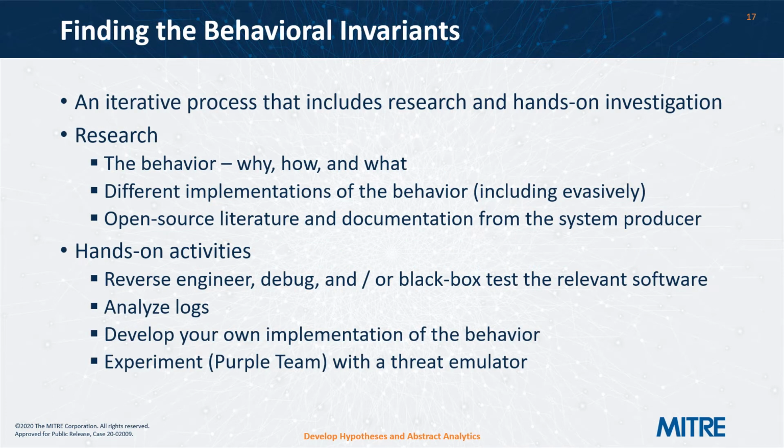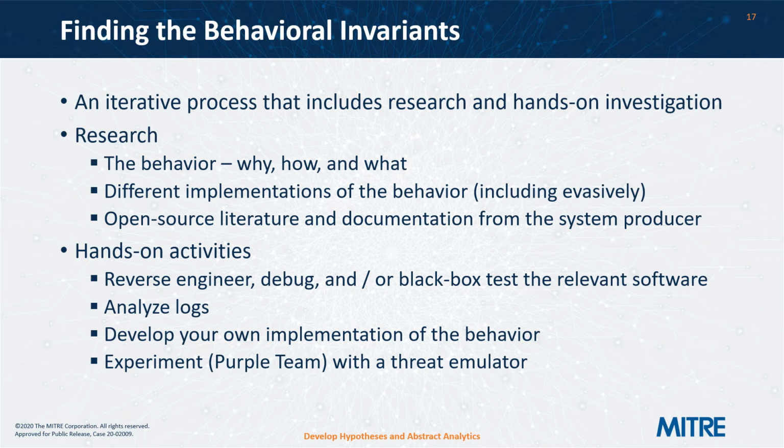So how do we find these behavioral invariants? Well, we need to research the technique or sub-technique thoroughly. We need to understand our own system as well as the malicious actors do, so we can stay ahead of them. We can increase our understanding through open source research about how adversaries employ the technique. Read the documentation of the relevant operating system or software and APIs to learn more about what's possible.